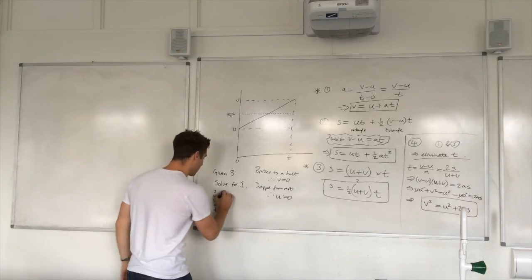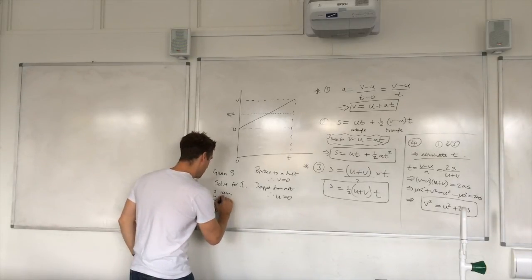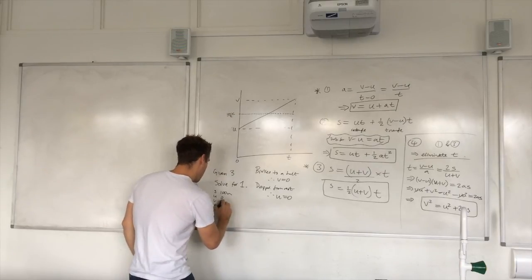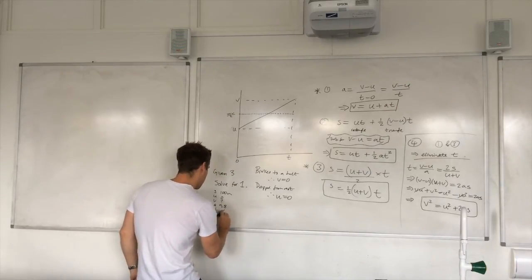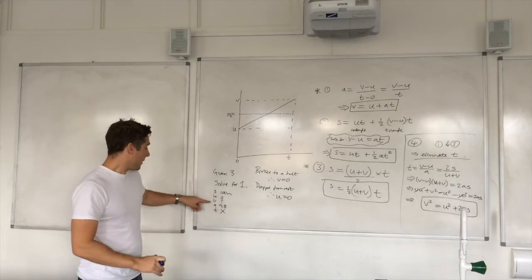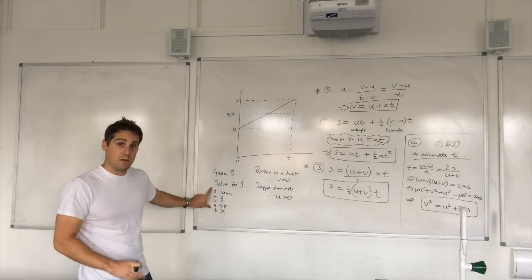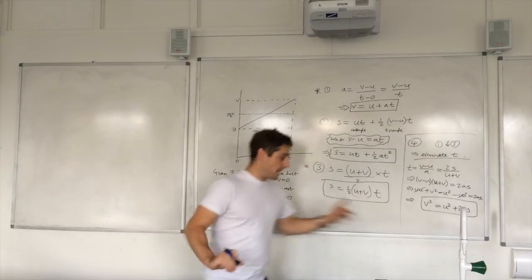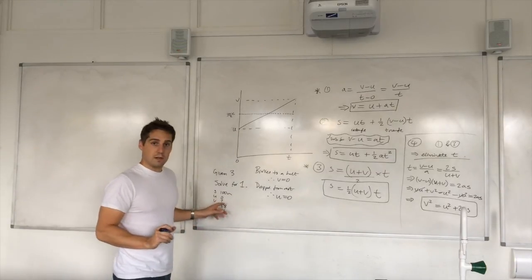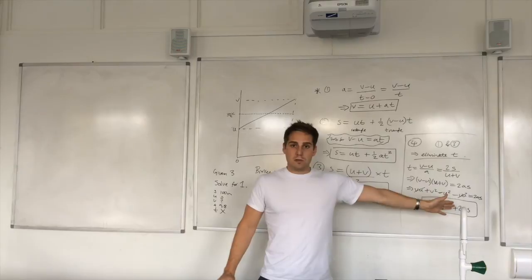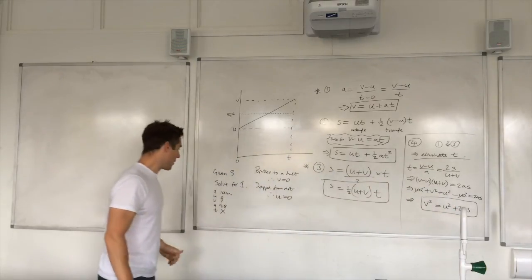Was s 100 meters? u was 0. a was 9.8. v is what you need to find. t was not given to you, you don't need to find it either. So which equation do you need to use? If you have s, u, v, a, you need to use this equation over here, and we need to find v. So keep it in that form and put the values in, find the answer.